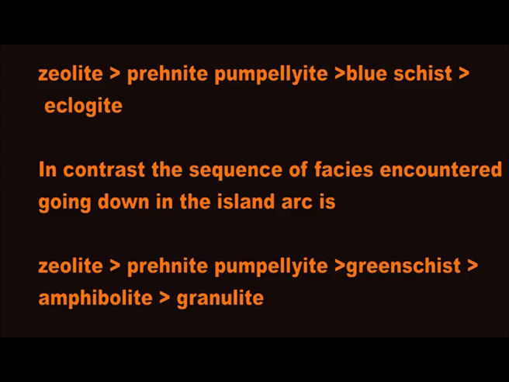The following metamorphic phases are usually associated with different plate tectonic settings. The sequence of phases observed going down the subduction zone is zeolite, prehnite-pumpellyite, blueschist, eclogite. In contrast, the sequence of phases encountered going down in the island arc is zeolite, prehnite-pumpellyite, greenschist, amphibolite, granulite.